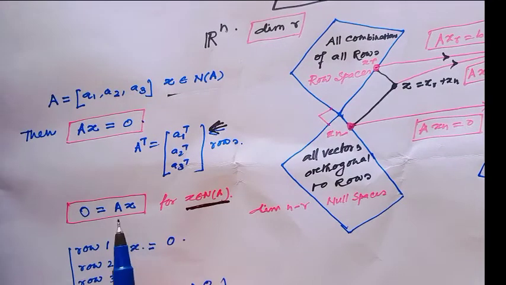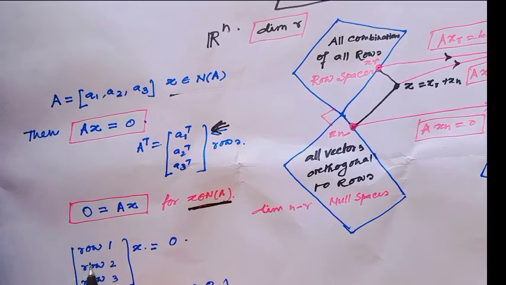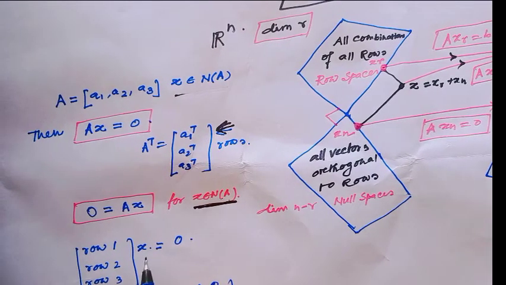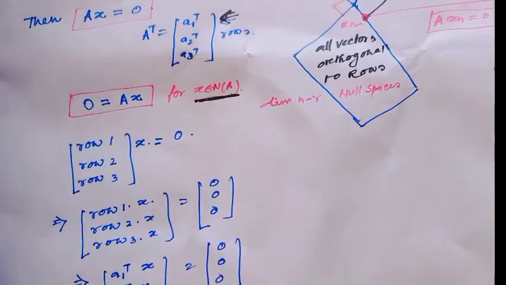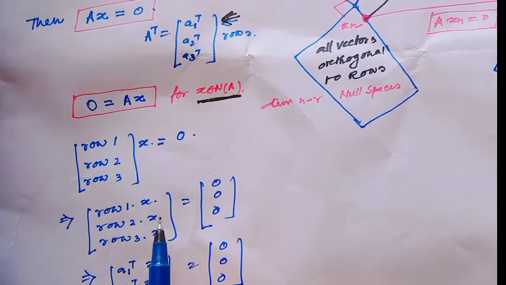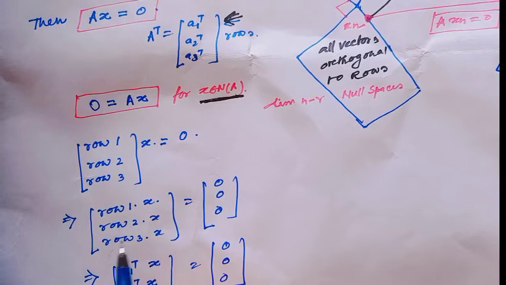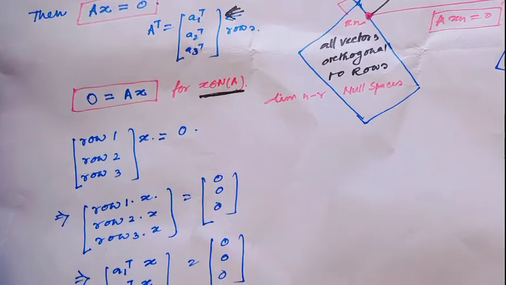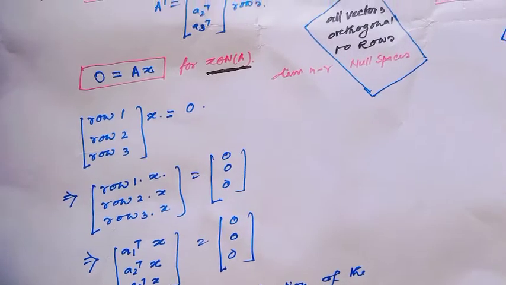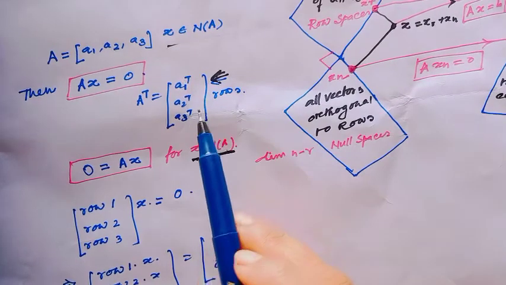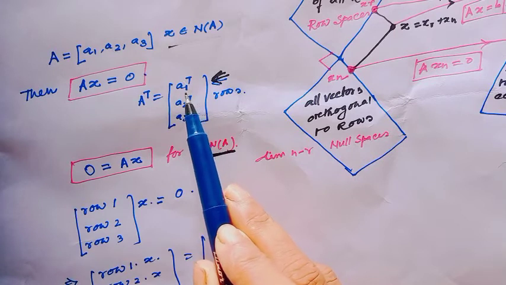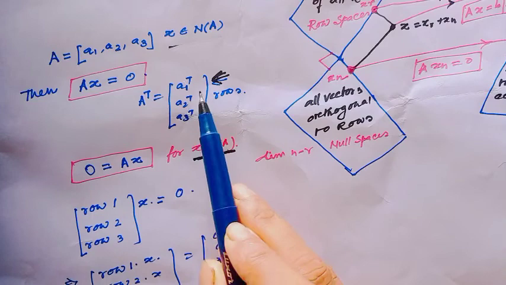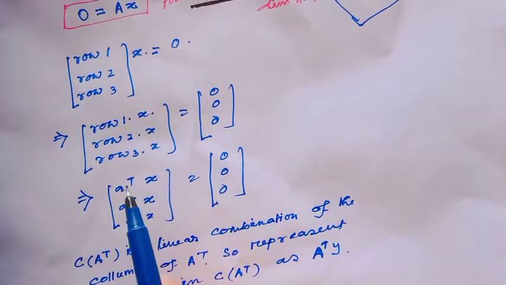Ax equal to 0 means the matrix with row 1, row 2, row 3 times x equals 0. That means row 1 dotted with x, row 2 dotted with x, row 3 dotted with x equals the 0 vector. Since this is a vector component, I have considered row 1 as A1 transpose, row 2 as A2 transpose and row 3 as A3 transpose.